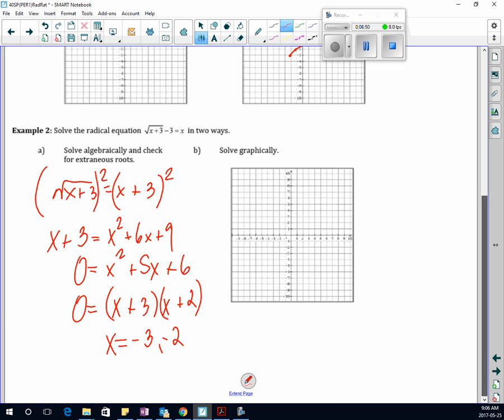So -3 goes in, I get the square root of 0, subtract 3 is -3, and -3 equals -3. So that one checked. What about -2? -2 goes in there, right? And -2 plus 3 is 1, square root of 1 is 1, 1 minus 3 is -2, and that equals -2. So they both checked. Interesting. A lot of times when we get two answers, we have to reject one of them. Okay, how are we going to graph this then?